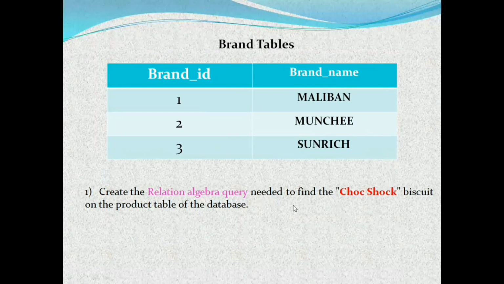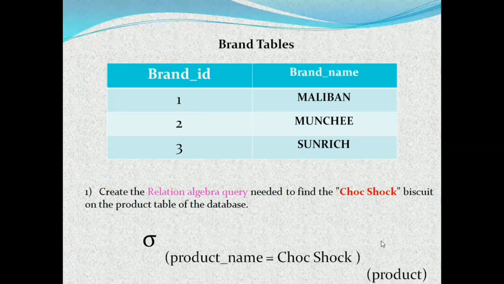So now we need to write the relational algebra query. First, I get the sigma symbol, and now I need to get the exact product. We need the product name equal to Choc Shock, because this is the product name.